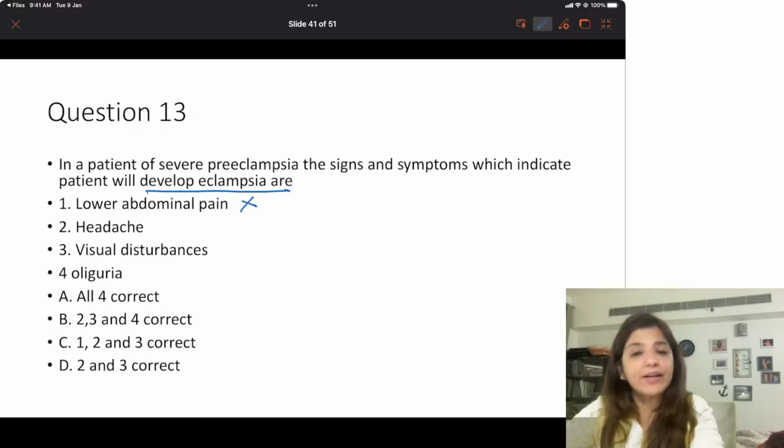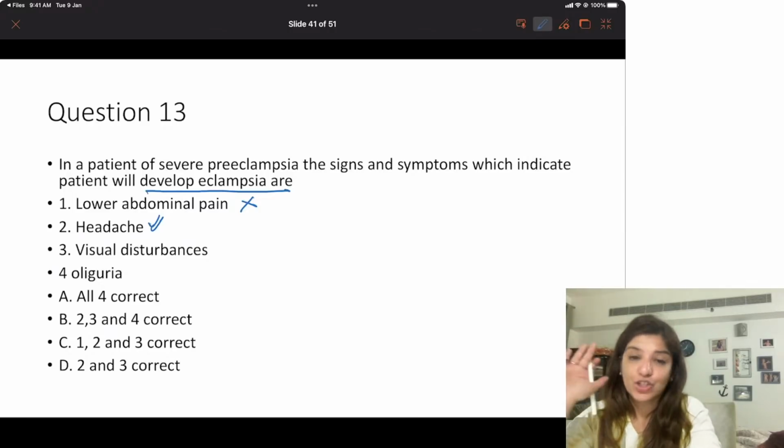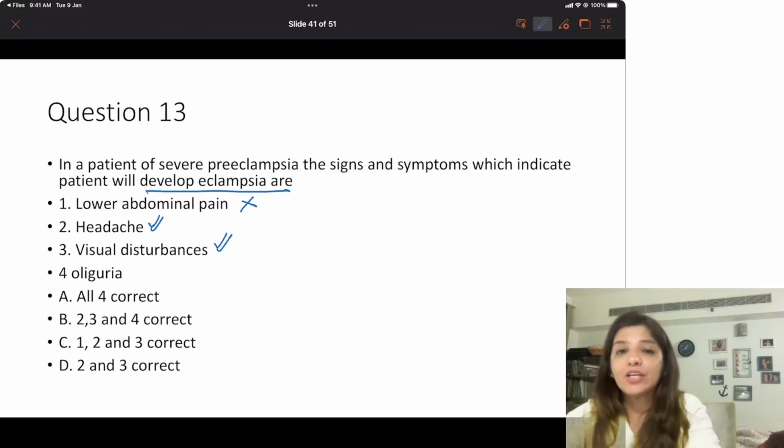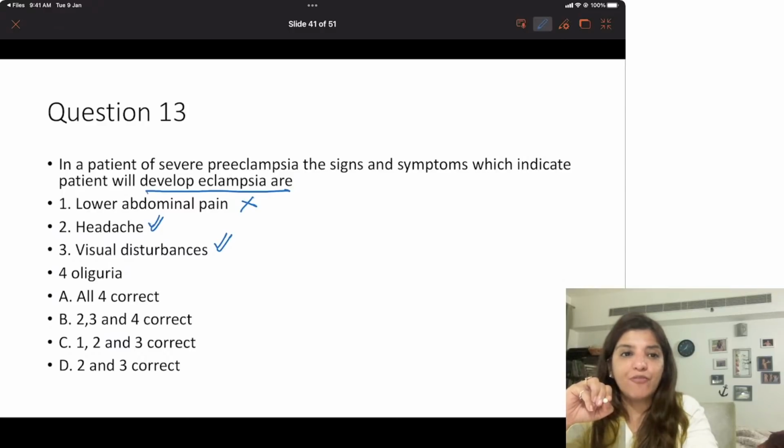Headache, yes. And what kind of headache? That kind of headache which is not relieved. It is a persistent, very severe headache, which is not relieved by the normal medications, right? Then visual disturbances, yes. Oliguria. Now, is oliguria a finding that a patient is about to throw convulsions? Is oliguria a sign of impending eclampsia, in other words?